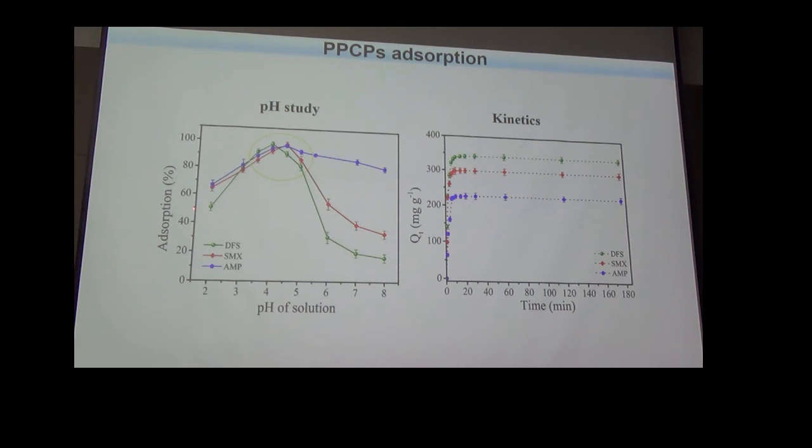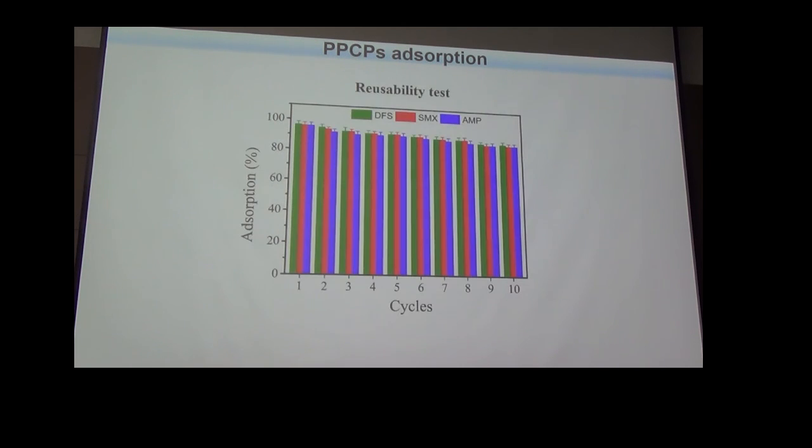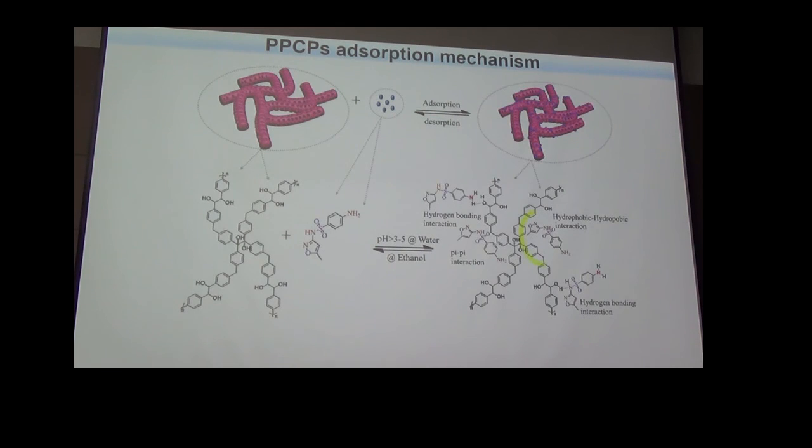Meantime, there was a moderate absorption at lower pH as well as the higher pH range, which suggests that the absorption also involves other factors, such as the pi-pi interaction and the hydrophobic interactions.